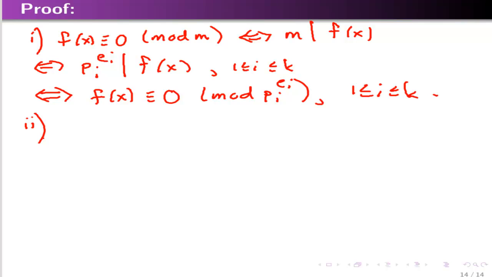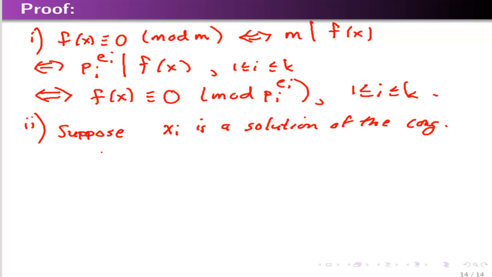we say, well, let's suppose x sub i is a solution of the congruence f of x congruent to 0 mod pi to the ei, where i is going from 1 to k.